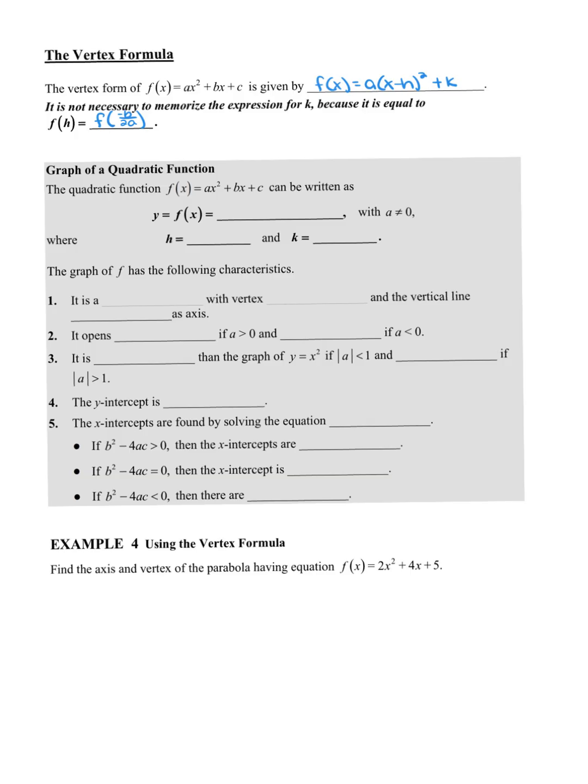The quadratic function f of x equals ax squared plus bx plus c can be written as y equals f of x equals a times x minus h squared plus k, where a is not equal to 0, and h is equal to negative b over 2a, and k is equal to f of h.